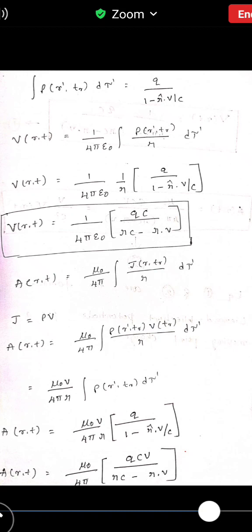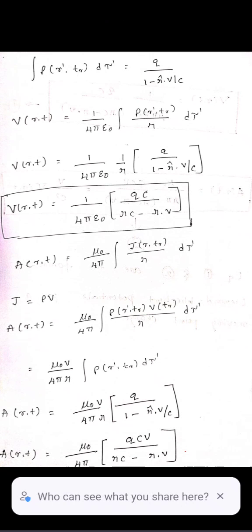Then we calculate the Lienard-Wiechert potentials. We already found the value of the volume integral of rho(r prime, t_r) d tau prime, which is equal to q divided by 1 minus r cap dot v by c.